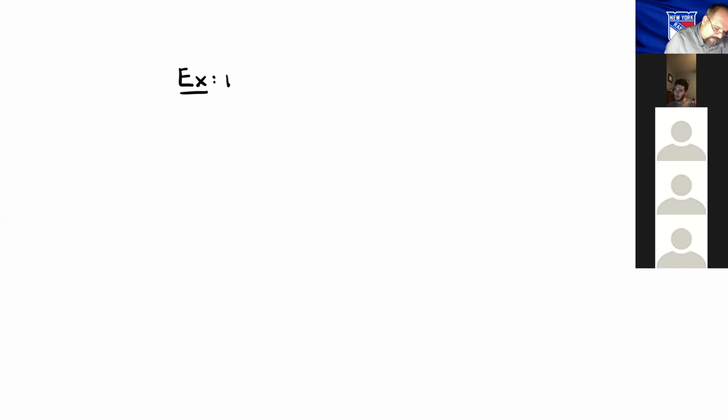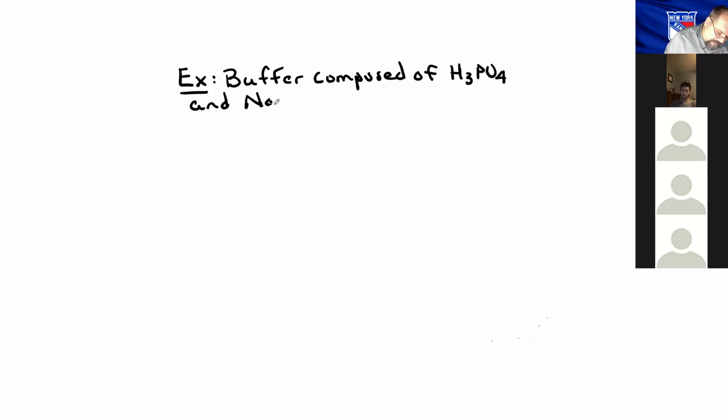So let's look at a buffer composed of, let's see the example here, they give us H3PO4 and NaH2PO4.